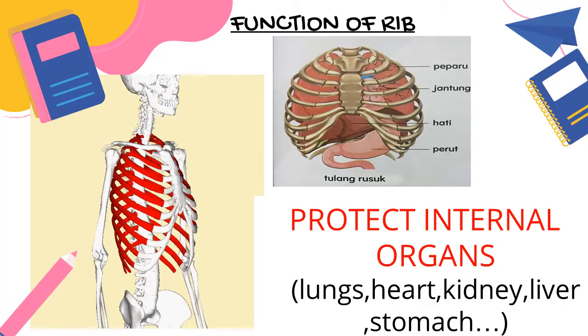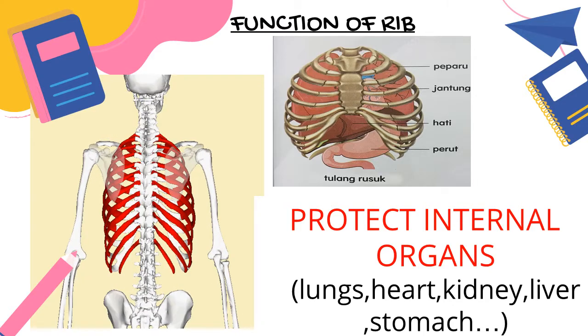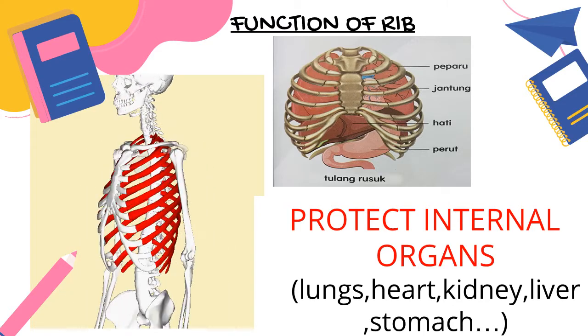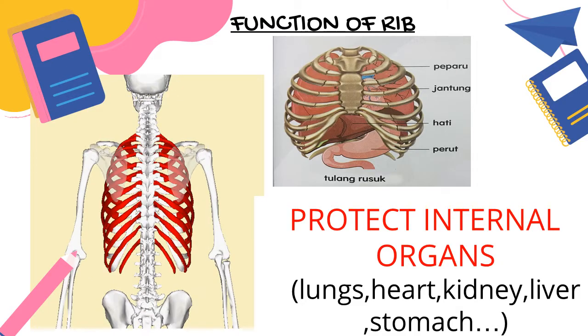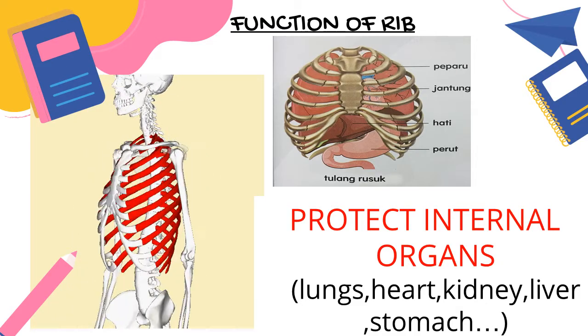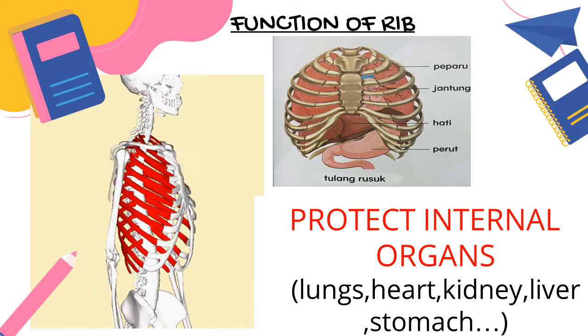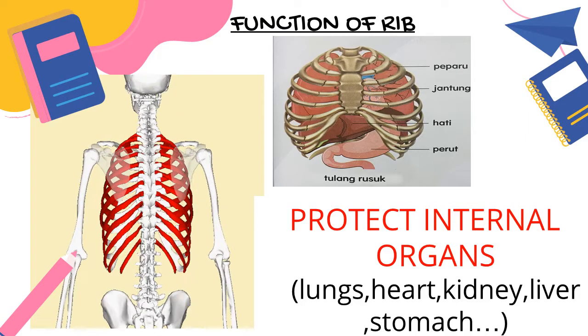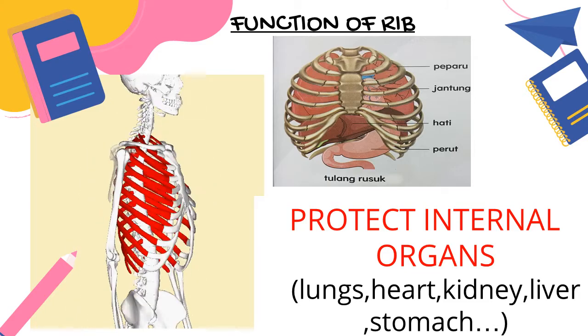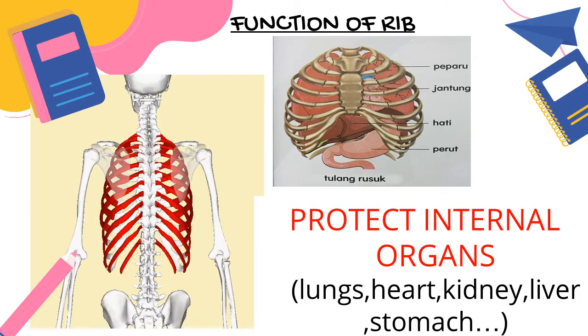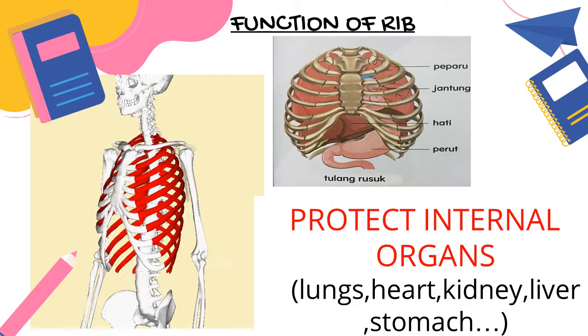Next one, the function of the rib. Again, you may refer to the animated image here. You can see the red image here. These are our ribs. So what are the functions of the rib? It is to protect our internal organs. So what are the internal organs? Here you may look.